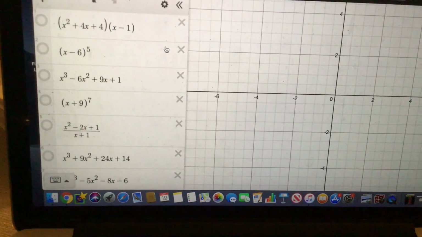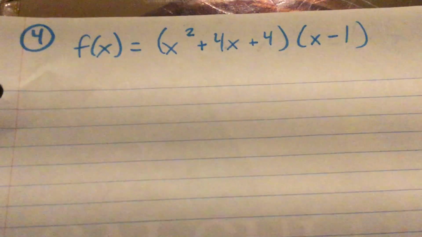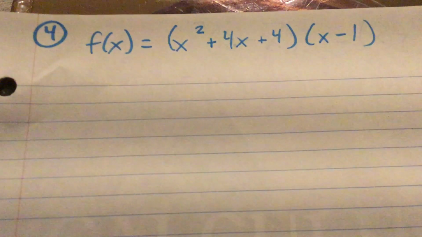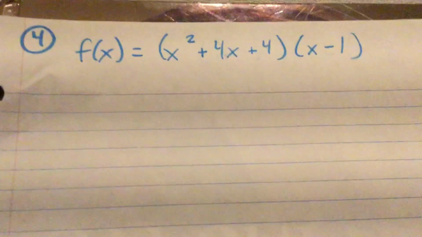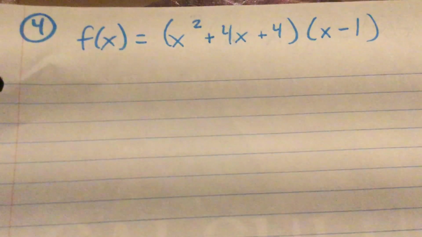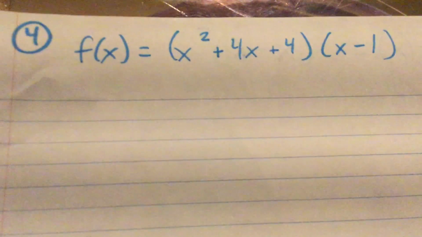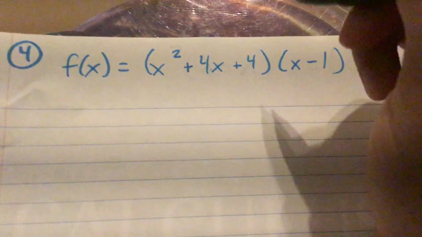All right. Number 4. F of x is equal to x squared plus 4x plus 4 times x minus 1. Memories. Oh boy. Okay, so, to find f prime of x, remember that this is a product function.